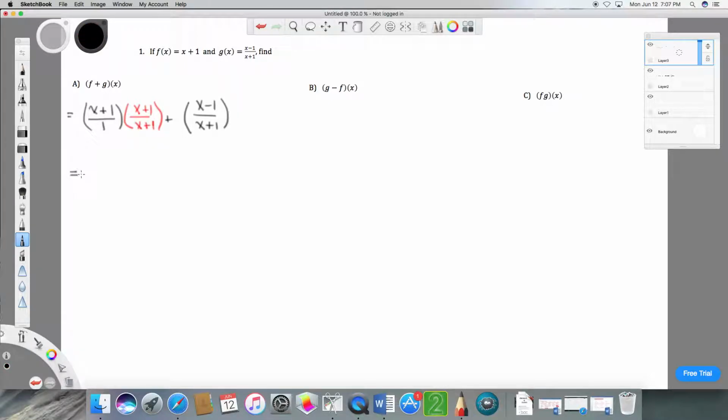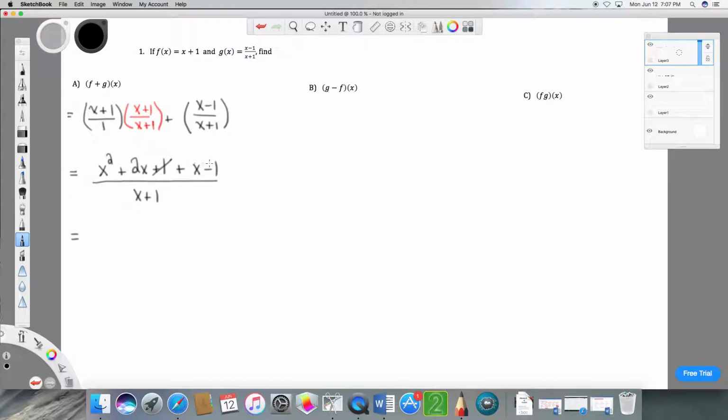So what do we get? Well, in the denominator, we have x plus 1 that we wanted. Now here, x plus 1 times x plus 1 is x squared plus 2x plus 1. And then over here, we're adding x minus 1.